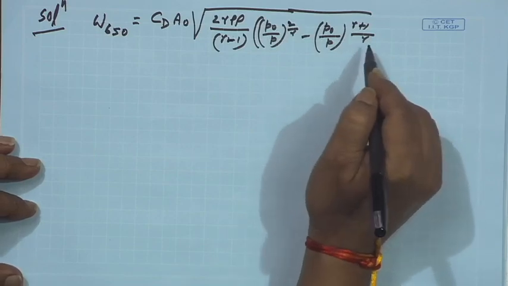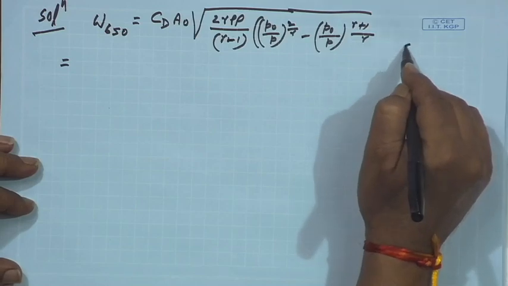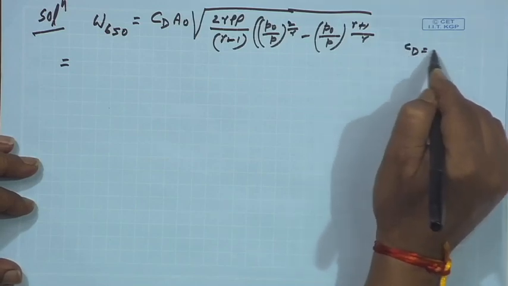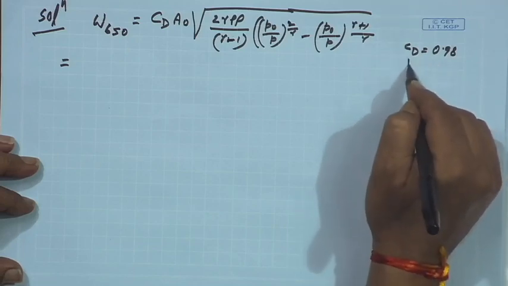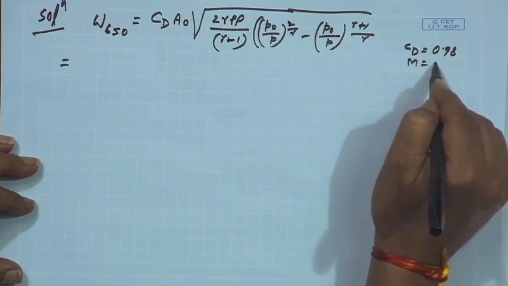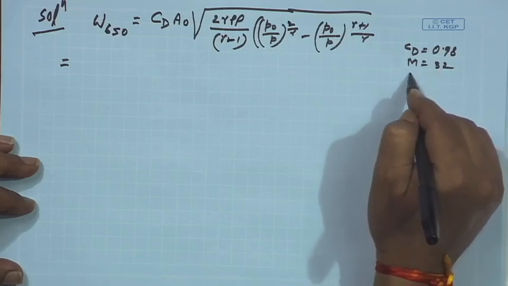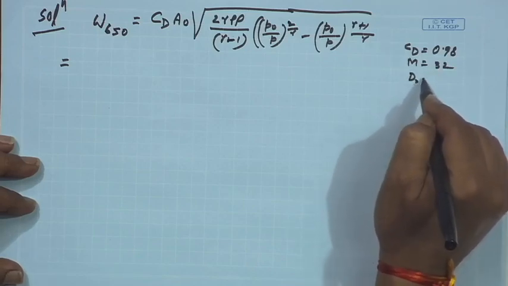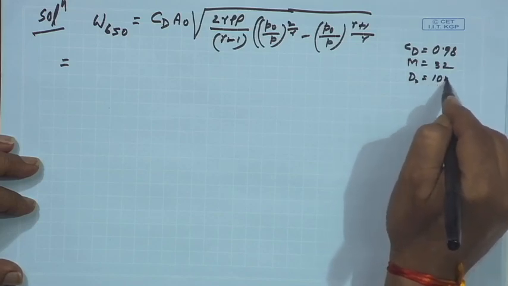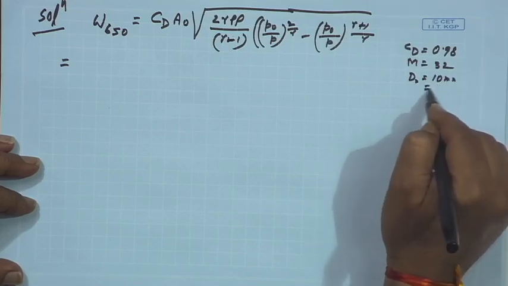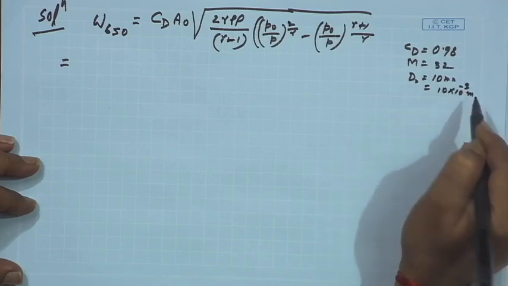So, if that is true, then we can write, given, CD is 0.98, then M is given 32, then D of nozzle is given 10 millimeter, so it is equal to 10 to the power minus 3 meter.